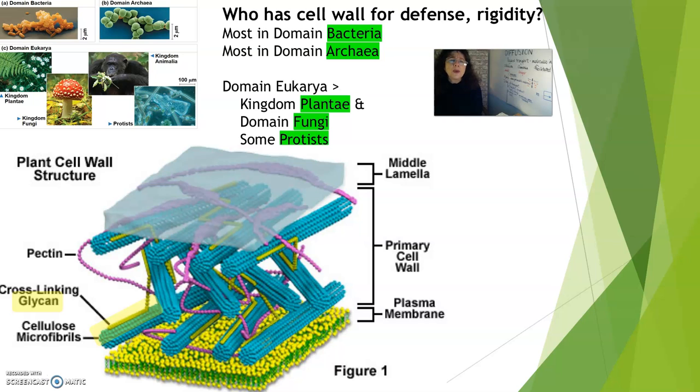And when we look at the plant cell wall structure in the domain eukarya, that plant cell wall structure has a beautiful design to it, and I want you to pay attention to the glycan, which is down here. Glycan is related to sugars, and it is this rod here, this green rod. You see green rods in here.